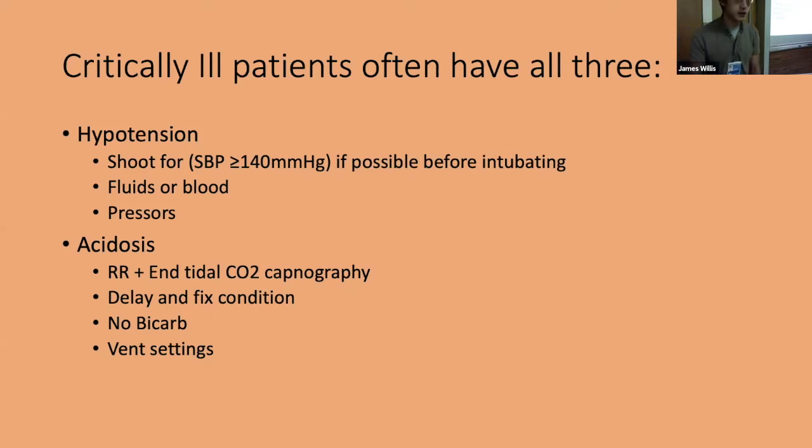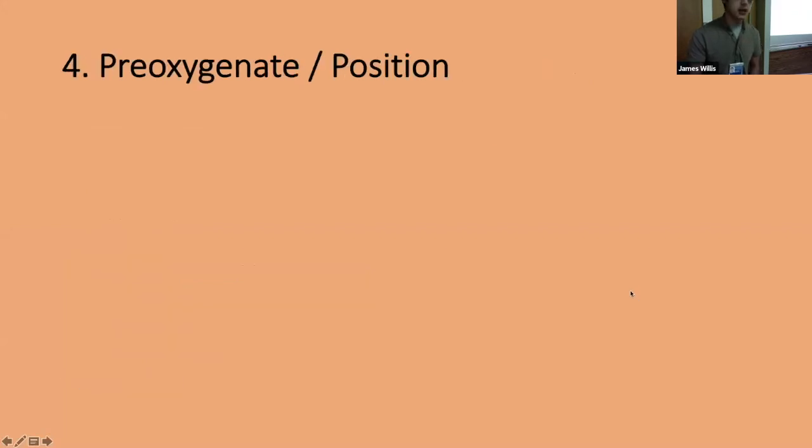Bicarb is metabolized into carbon dioxide, and a lot of these patients already have compromised respiratory effort, so further accumulation of carbon dioxide can cause cellular acidosis. If all else fails and the patient needs to be intubated, just make sure their vent settings match their high minute ventilation requirements.